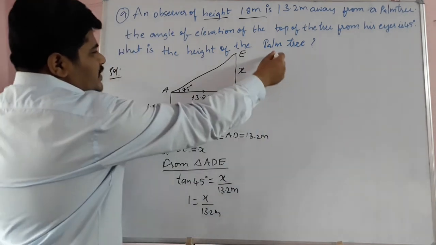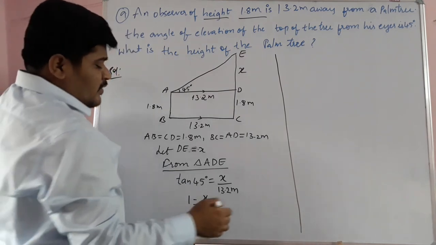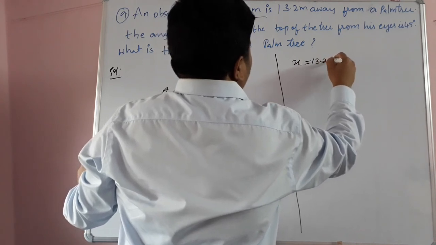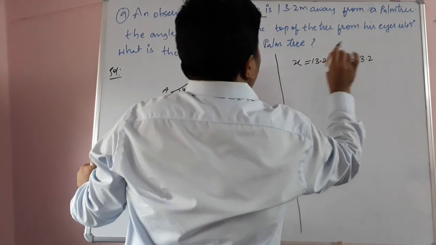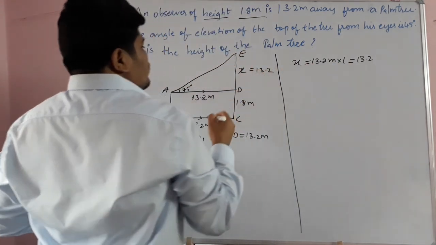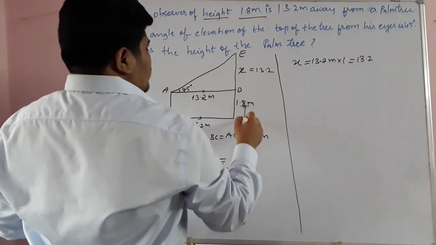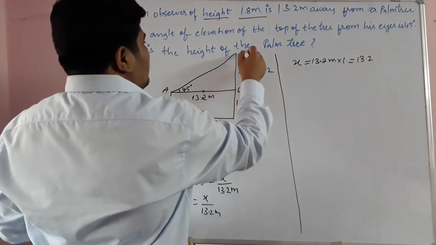Now transpose this 13.2 meters to the left hand side. Then X is equal to 13.2 meters into 1, that is equal to 13.2. So we found X as 13.2. Now, what is the total height of the palm tree?